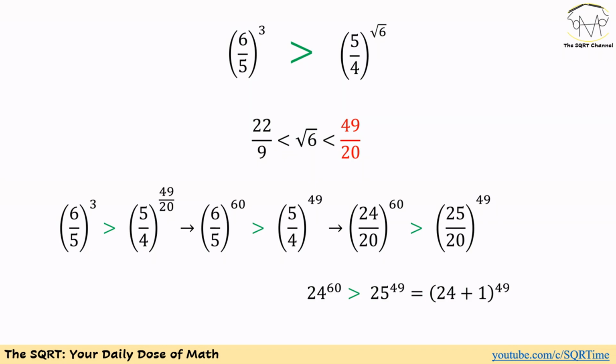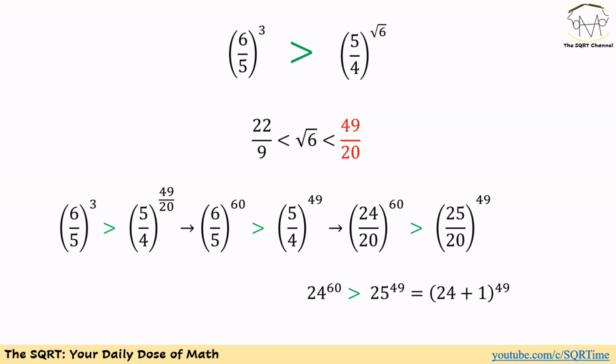On the other hand, for the right hand side, I'm going to multiply both numerator and denominator by 5. So I will end up with 5 times 5 or 25 over 4 times 5 or 20. So now I need to show that 24 over 20 to the power of 60 is greater than 25 over 20 to the power of 49.